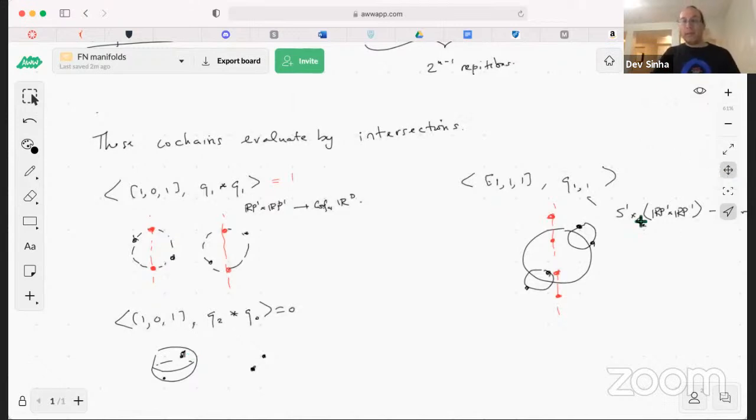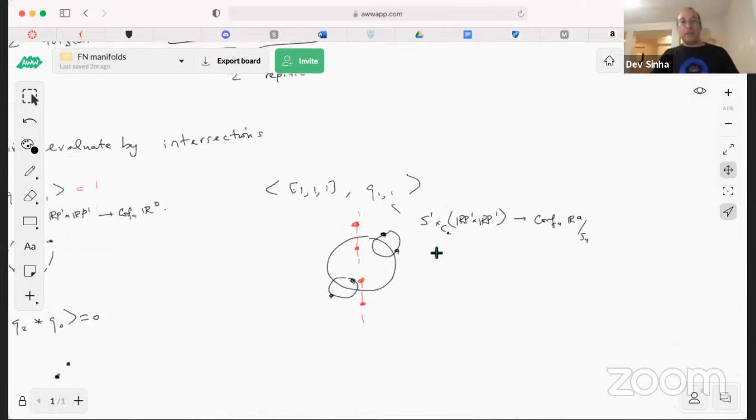And then my favorite example is here, where this class Q11, which is a cycle in the configuration space, consists of 4 points which are parameterized by a circle and 2 copies of RP1. I take the product, but then I quotient by the antipodal action on S1 and the diagonal action on RP1 cross RP1. That's kind of a wreath product of RP1s over RP1. And that defines a 3-dimensional homology class in configurations of 4 points in RD.